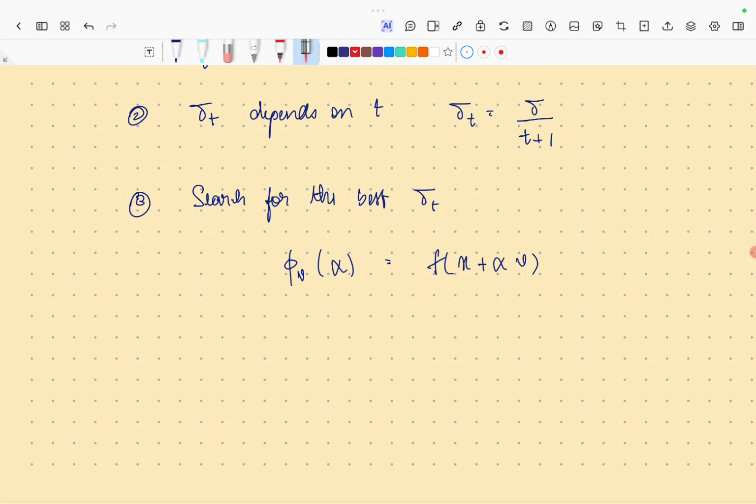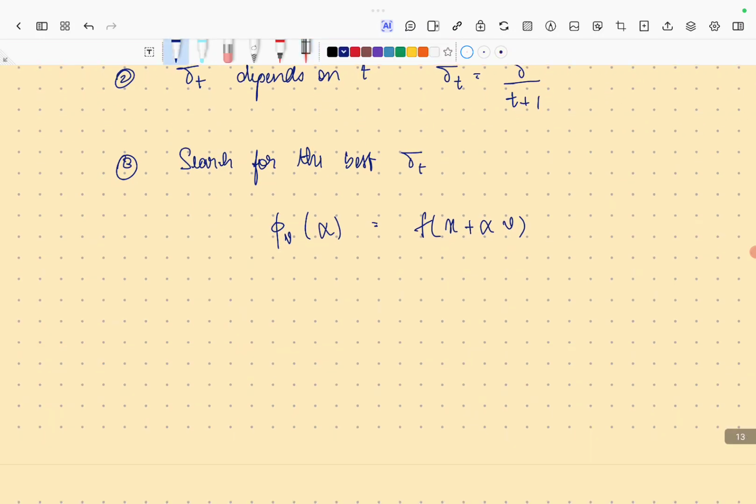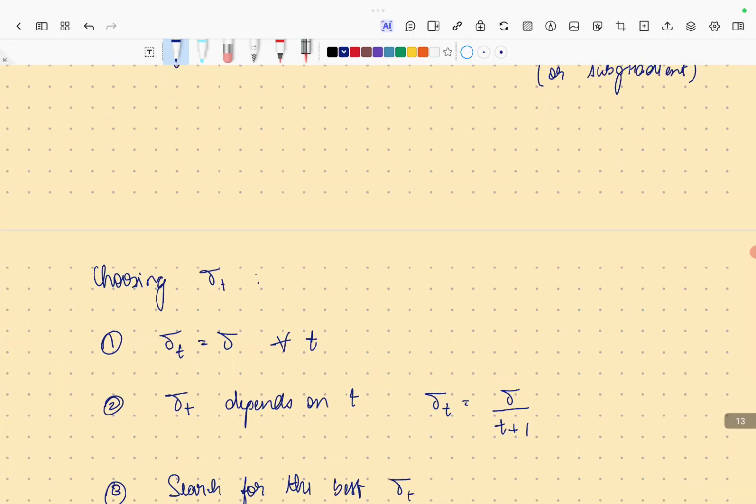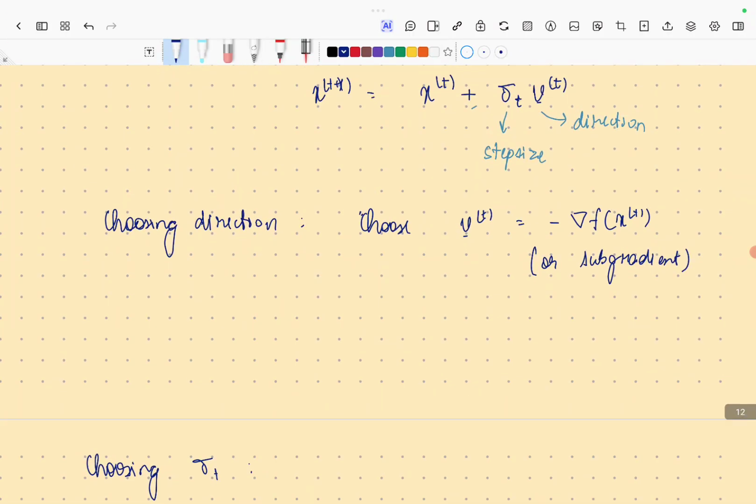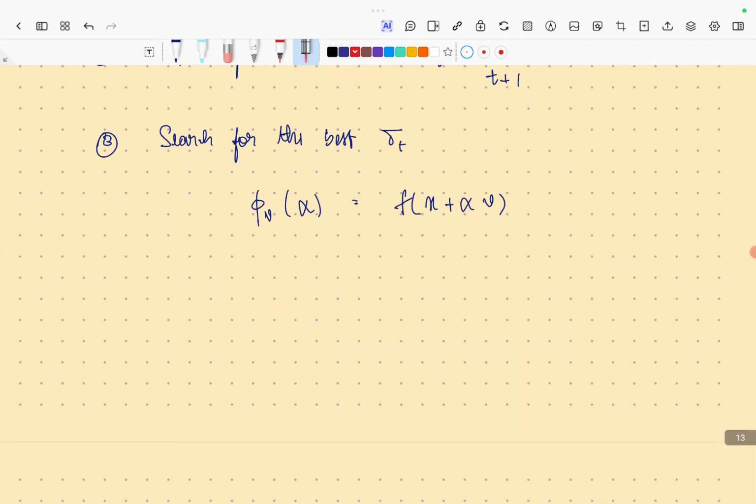That's one particular approach, but we have to be careful when we talk about complexity, because complexity involves not just computing this direction v, but also computing delta t, which adds complexity for a line search algorithm of this particular form.